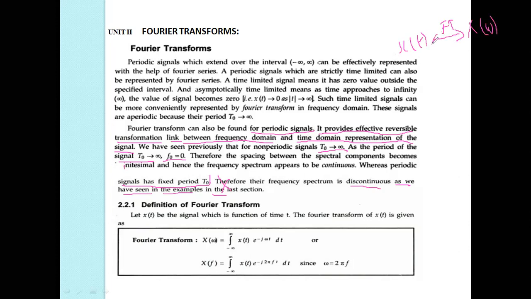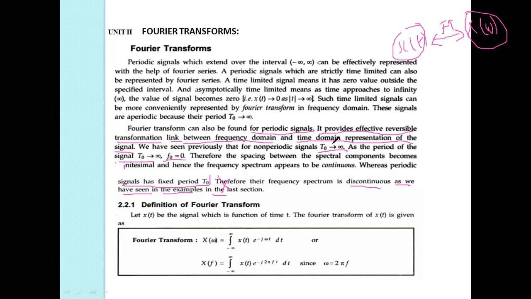The inverse Fourier transformation means it is bidirectional: X of omega is expressed in terms of x of t. It is an effective reversible transformation link between the frequency domain and the time domain, where x of t is the time domain and X of omega is the frequency domain. And we have seen previously that for non-periodic signals, T naught tends to infinity.